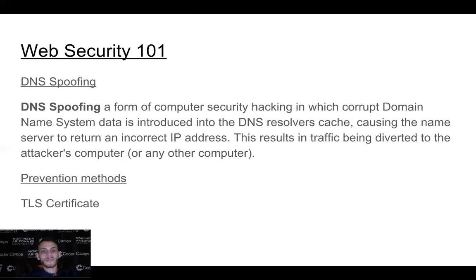And what it does is, it's similar to ARP spoofing, and it sends it to an incorrect IP address, except this is a lot harder to accomplish for them, because they actually have to get past the DNS provider's security, which these days is pretty tough. Okay, but again, safety is best practice. So prevention method for DNS spoofing, just like ARP, is that TLS certificate.